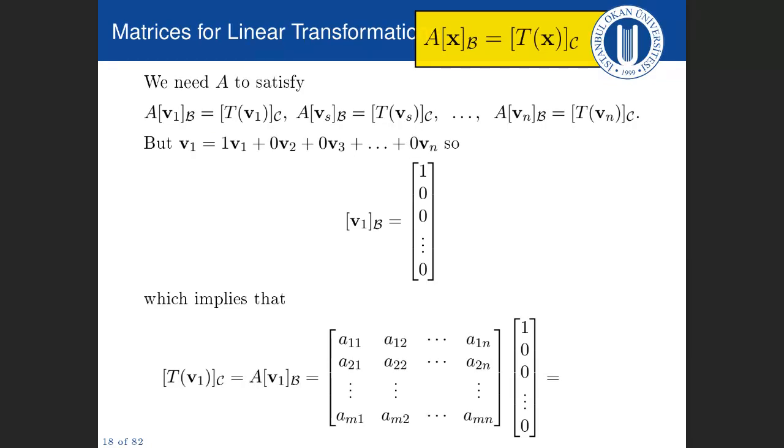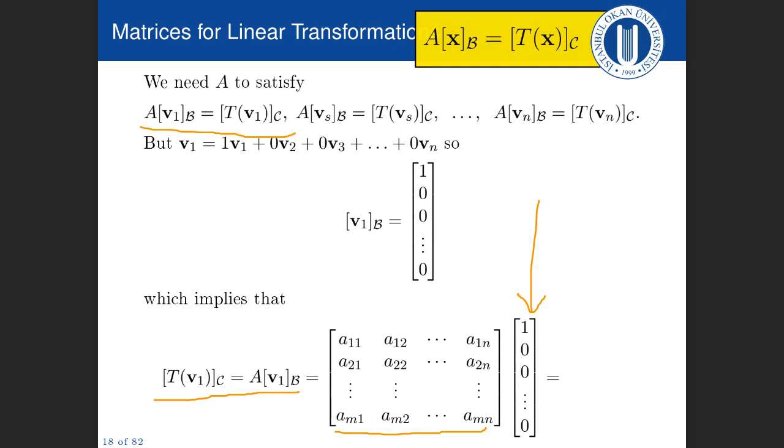Or to write this the other way, the coordinates for T of v1 with respect to C is equal to A multiplied by the coordinates of v1 with respect to B. That's some matrix we don't know. We know it's going to be an m by n matrix, so write it like this, multiplied by the vector 1, 0, 0, 0.